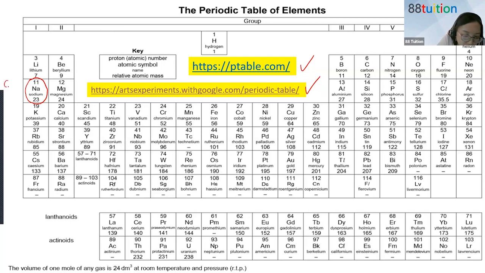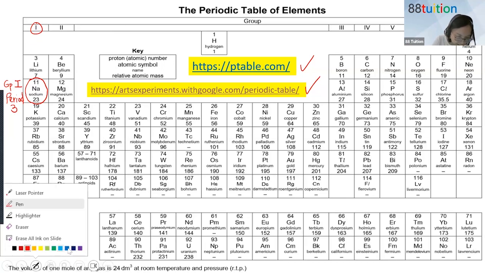So sodium is in group 1. You need to write capital I. So this one is group I. And then it is period 3. All right, so many students get tricked. They thought it's period 2 because this is period 1. Let me just use a different color.